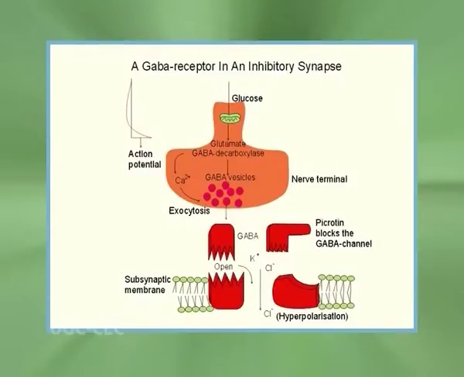Neurons that secrete GABA are termed GABAergic. GABA exerts its effects by binding to two distinct receptors, GABA A and GABA B. The GABA A receptors form a chloride channel. The binding of GABA to GABA A receptors increases the chloride conductance of the presynaptic neuron.